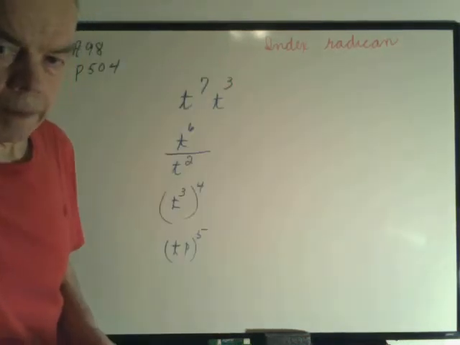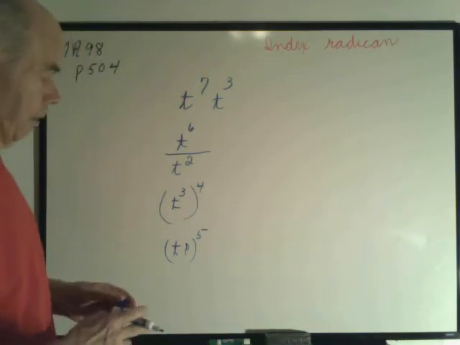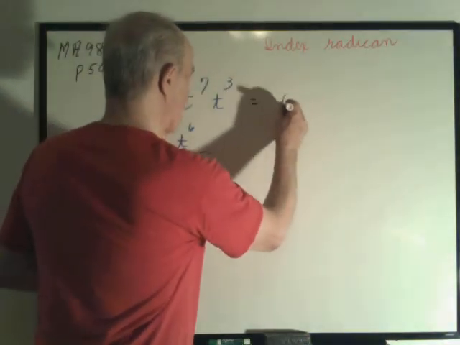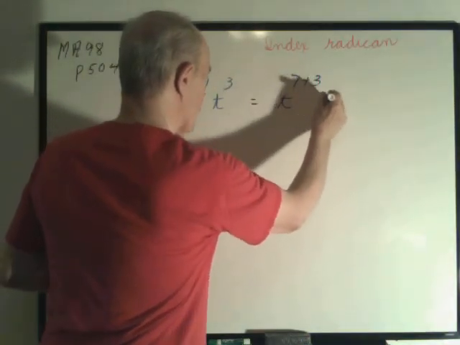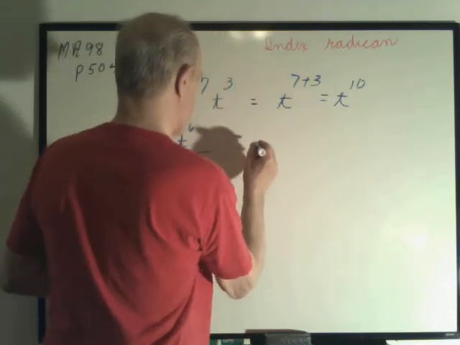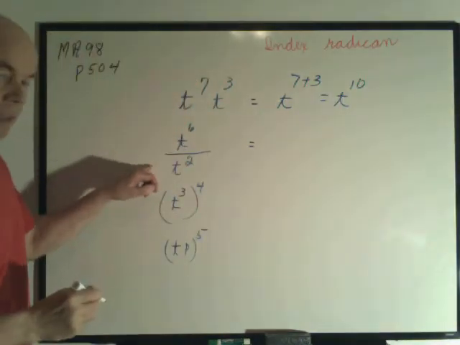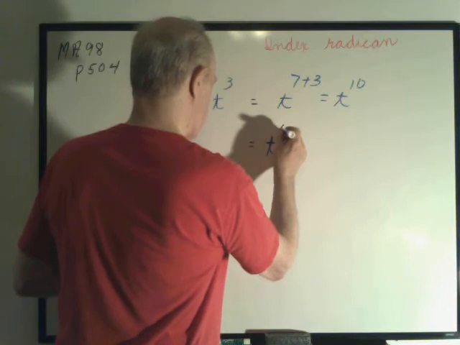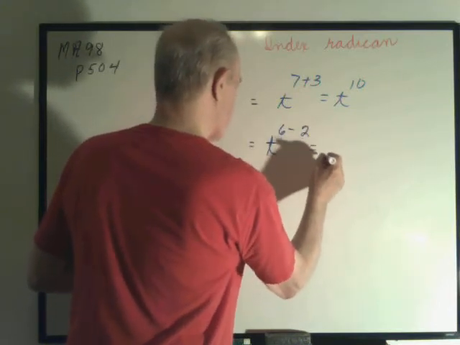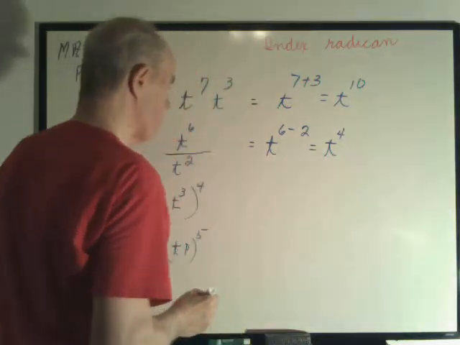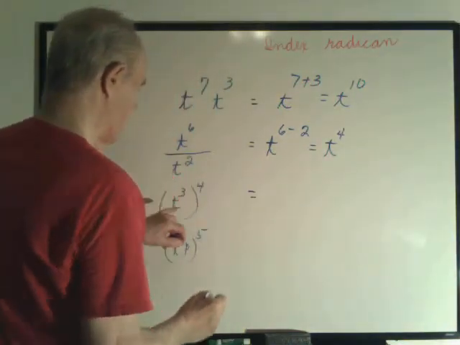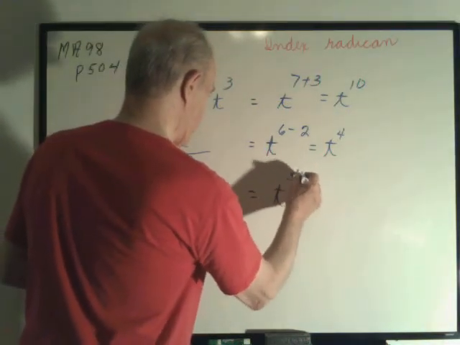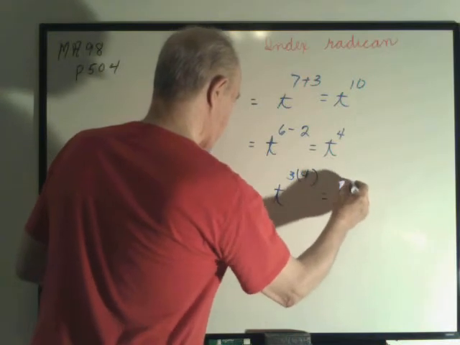Okay. All right, let us review our rules of exponents. If I'm multiplying, as long as the base is the same, I'm going to add my exponents. When I divide, I'm going to subtract my exponents. When I have this type of configuration, it's going to be 3 times 4, which equals t to the 12.